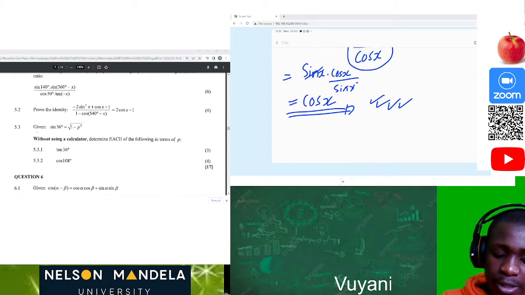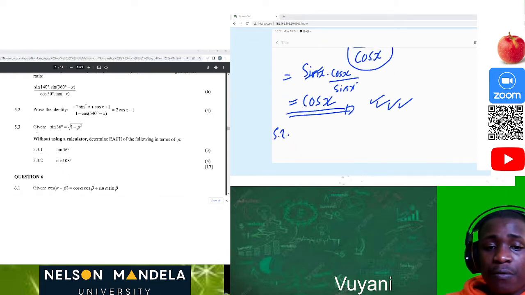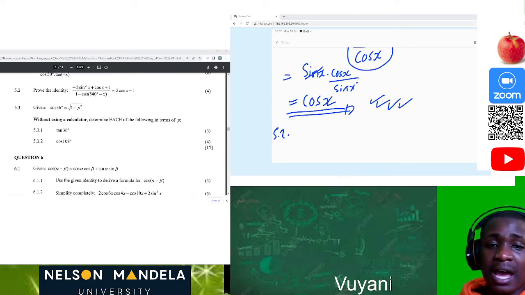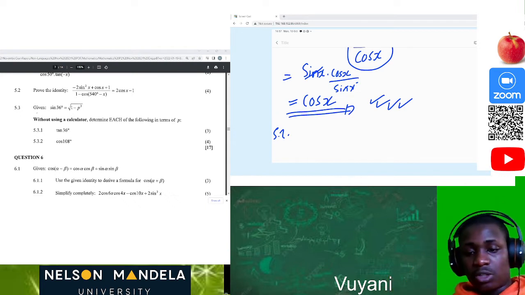Now, coming to 5.2, prove the identity. Now we are proving the identity. They gave us the left hand side. When we are proving, you choose to prove either the left or the right hand side. In this instance, we're going to choose the left hand side, since it has more complex things to reduce.